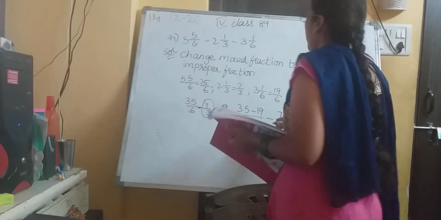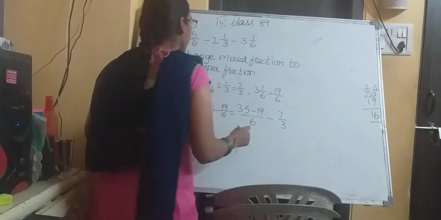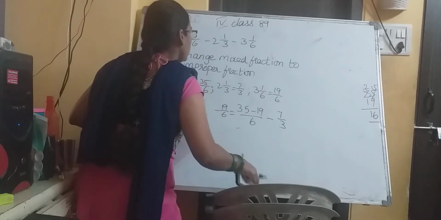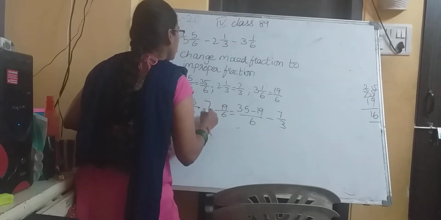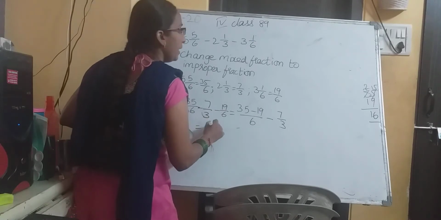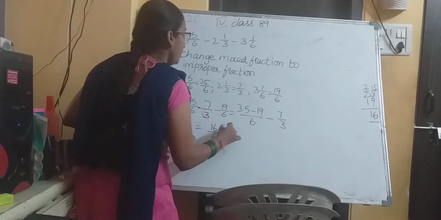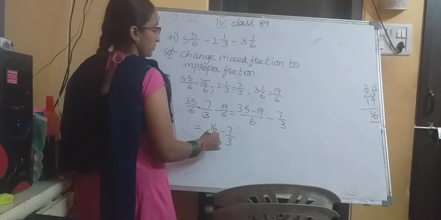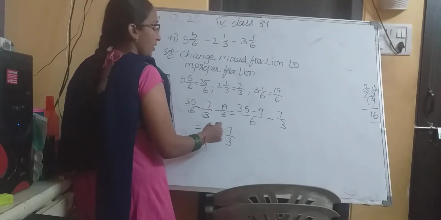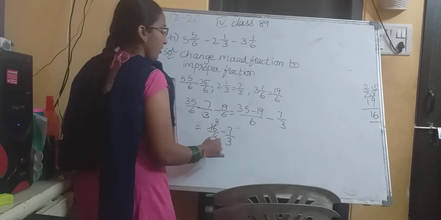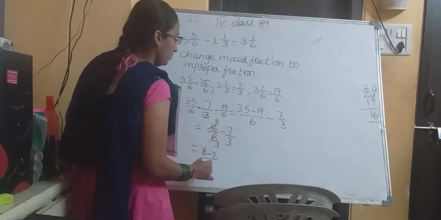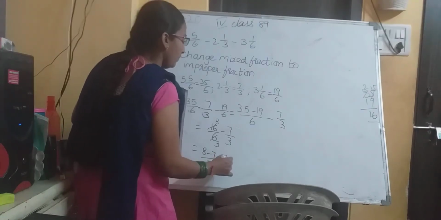That is nothing but 16 by 6 minus 7 by 3. Okay? 16 by 6: 2 8s are 16, 2 3s are 6. That is 8 by 3 minus 7 by 3. 1 by 3 is the answer.